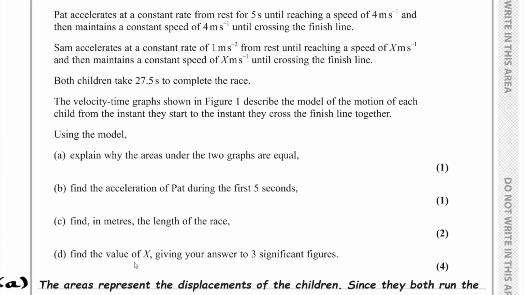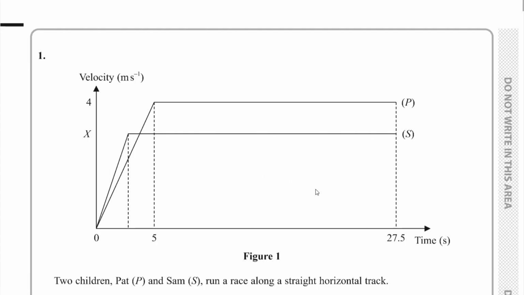Part D, find the value of x, giving your answer to 3 significant figures. We are required to find this value of x. Now, if I consider the line shown here, we know that this line has a gradient of 1. In a velocity time graph, the gradient represents the acceleration, and we know that the acceleration is 1 meters per second squared.